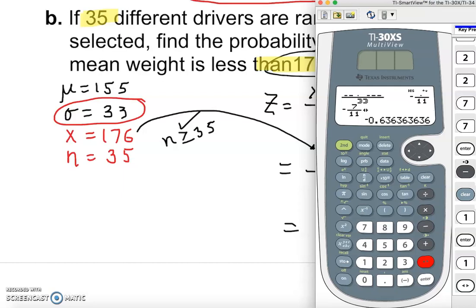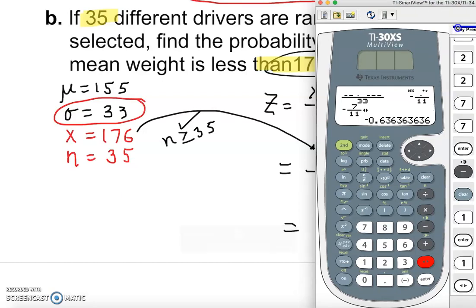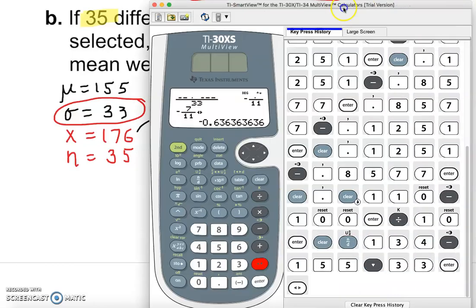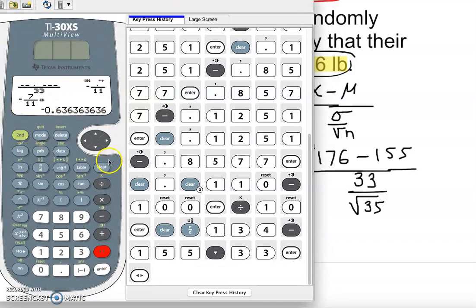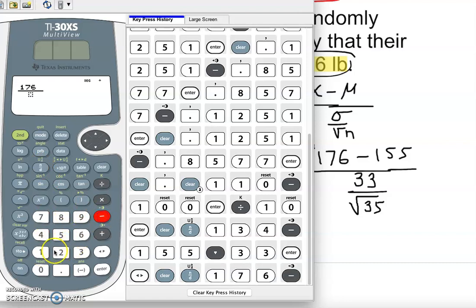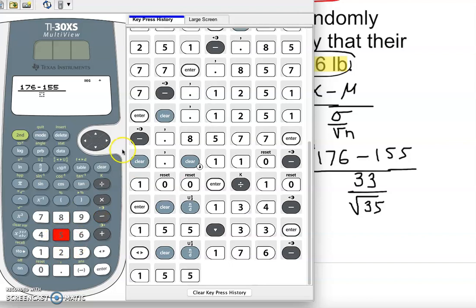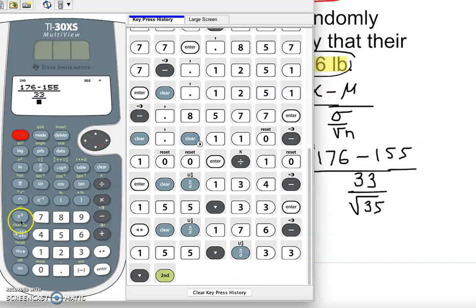So I use this one down here: 176 minus 155 divided by, again you use this fraction here, that's lovely, 33 over the square root of 35, enter.